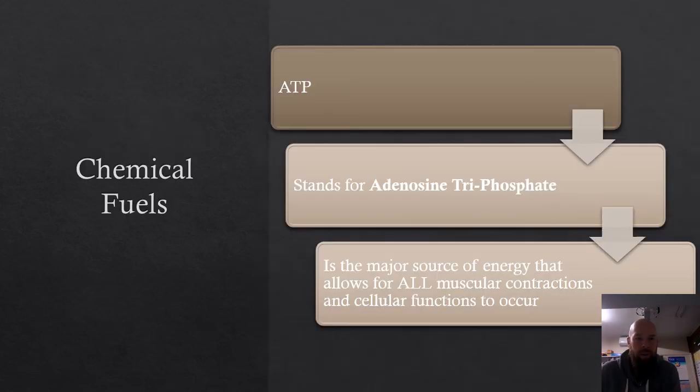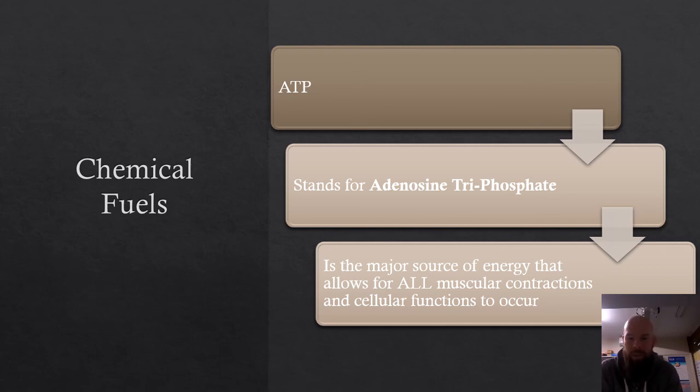Moving on. So the chemical fuels. We've talked about ATP. It stands for adenosine triphosphate. So tri meaning 3, and yes, there are 3 phosphates. This is the most basic fuel.